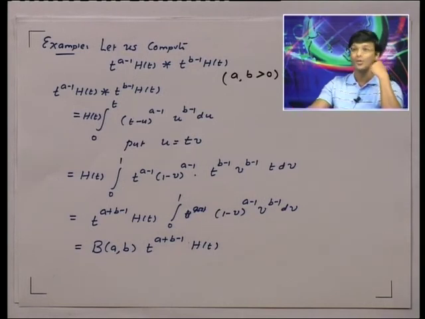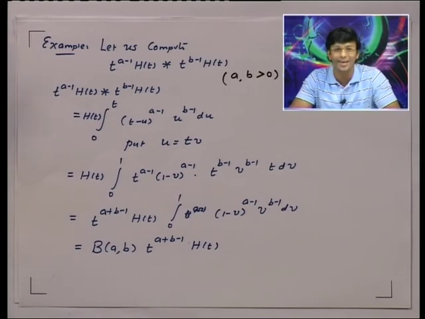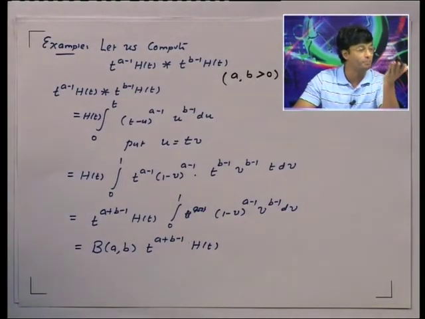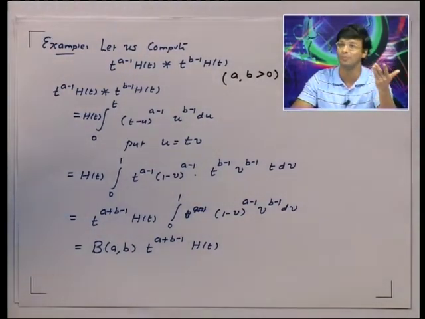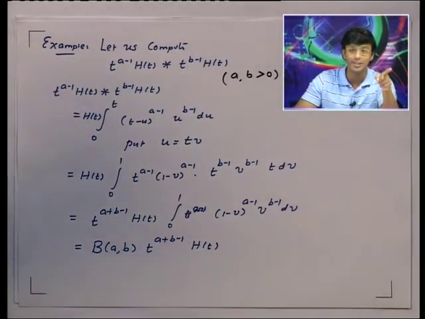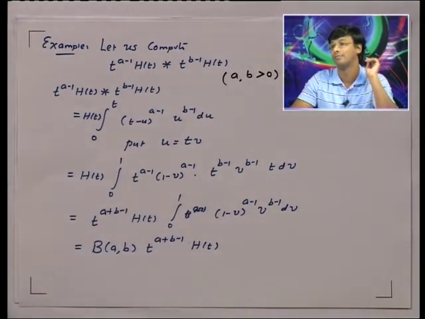So recall, what is the Laplace transform of t to the power k h(t)? It is the same as the Laplace transform of t to the power k, gamma of k plus 1 upon s to the power k plus 1.